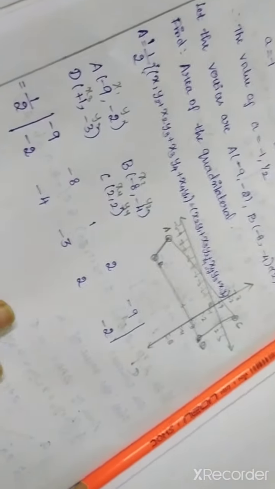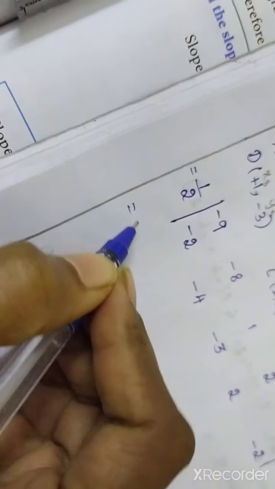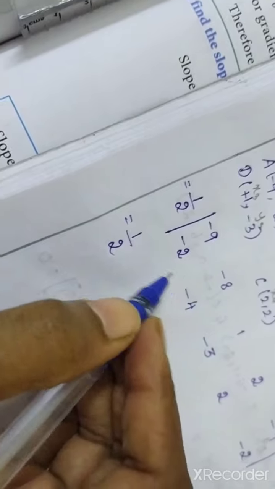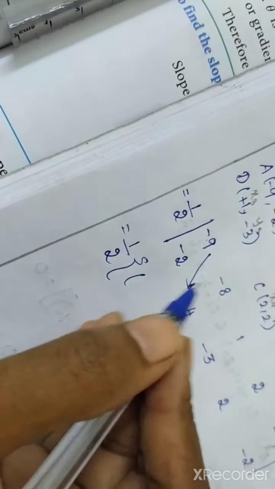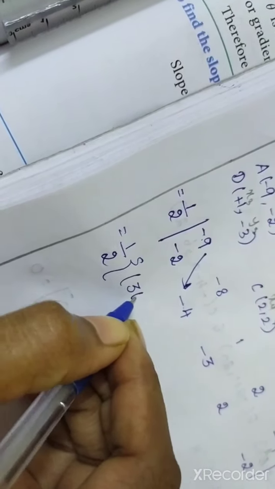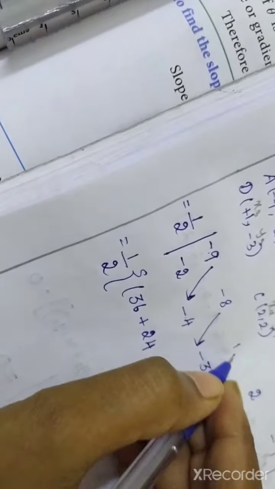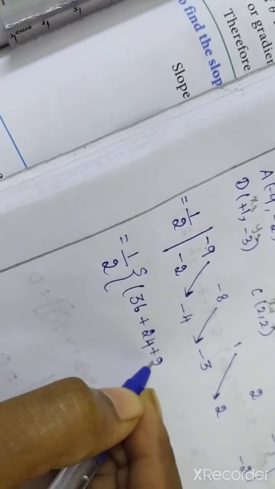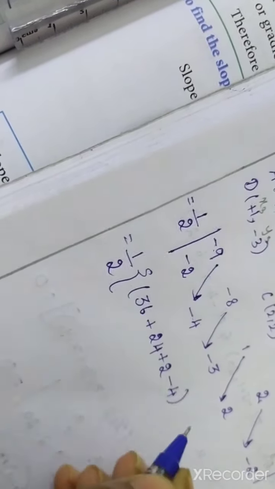We'll write it properly. It's an easy way to write, no? That's why I'm doing it like this. This and this: minus into minus plus, 9 fours are 36. Minus into minus plus 24. 2 ones are 2, plus into minus minus 4.